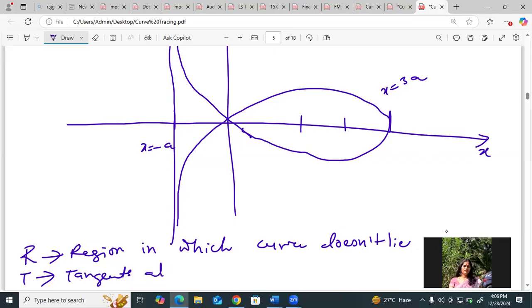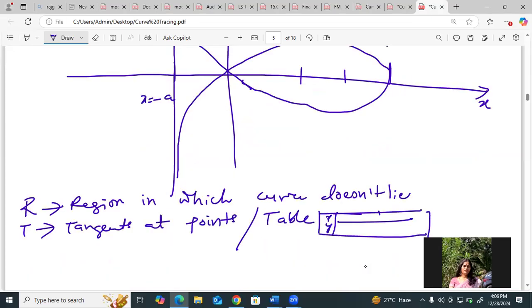Tangents at a point decide whether the curve is concave or convex. There can be tangents, and there can be a table also. I can construct a table for different x and y values. How should those x and y values be? There should be a 0, some negative values, and some positive values.